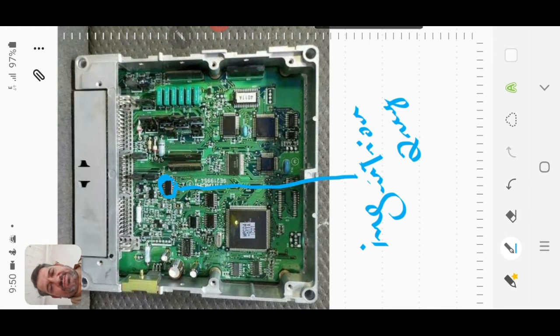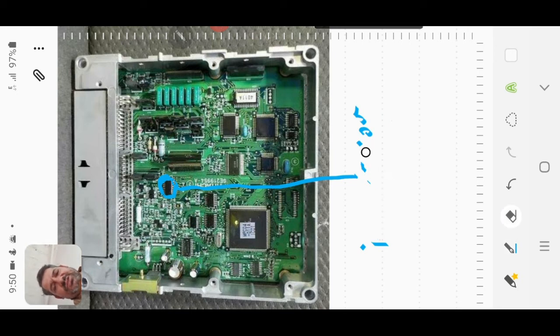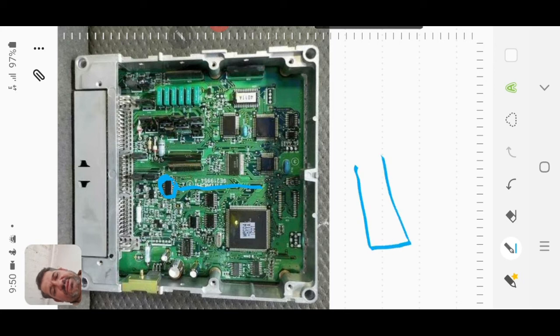If the ignition coil is good, then check power and ground. For example, this is the ignition coil. This is the spark plug.